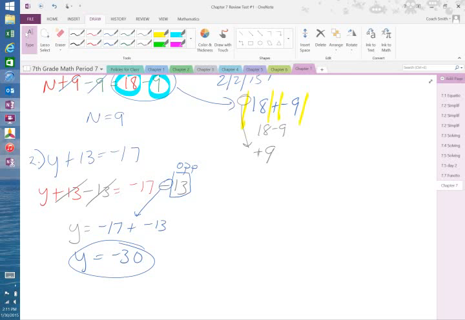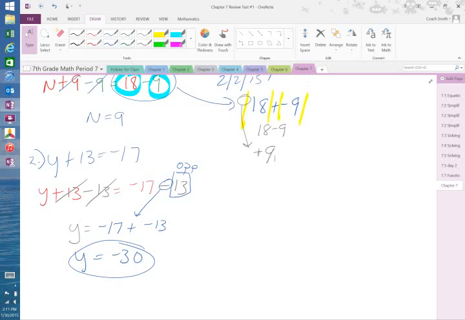Same answer. Trinity? How do you know if it's non-negative or positive? Are there any negatives in that problem? Okay, then it can't be negative. But you just have to remember the rules.